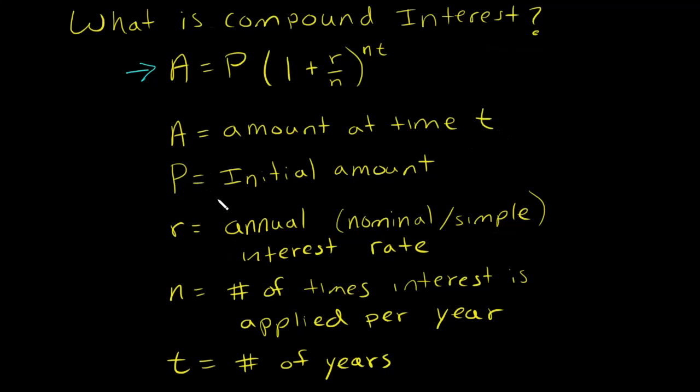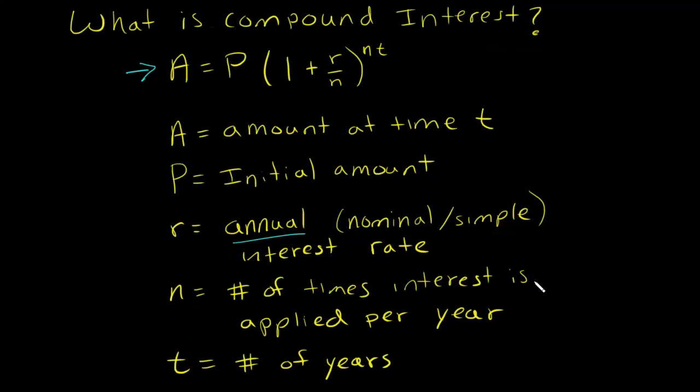P is your initial amount, sometimes referred to as principal, and that's where P comes from. It's the amount that you start with. R is your annual interest rate. Sometimes banks will refer to this as a nominal or simple interest. What's important here is that the unit of time is annually.